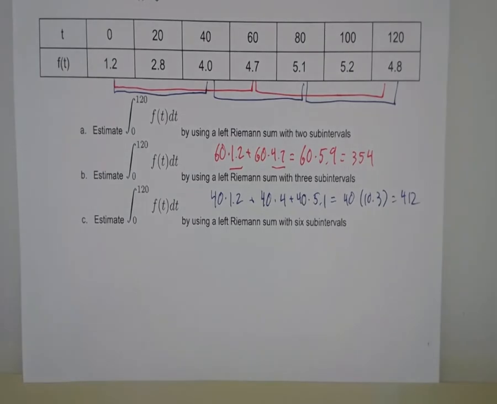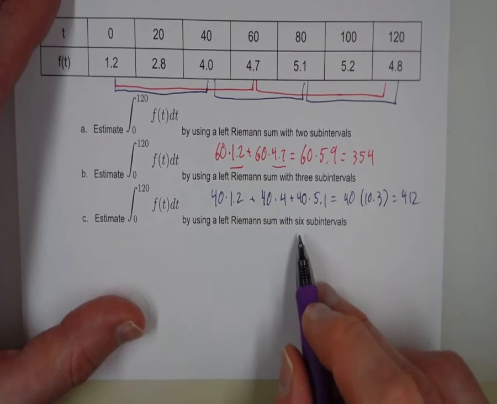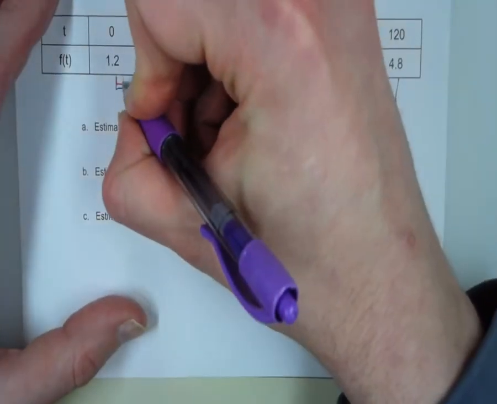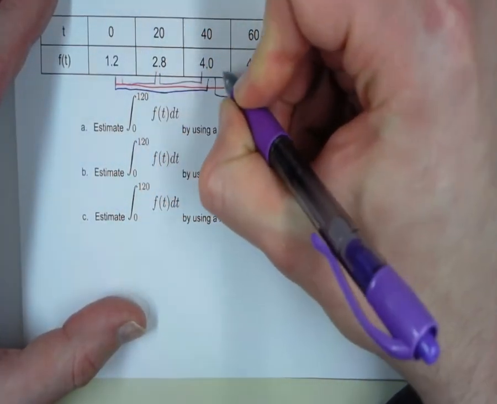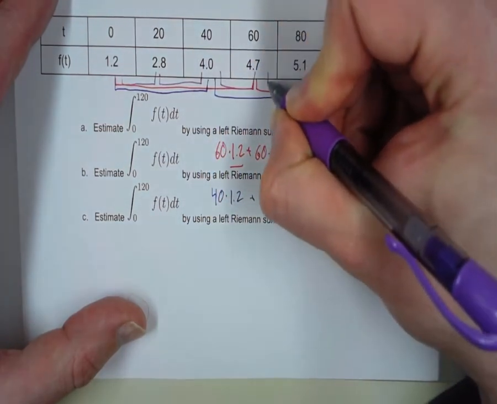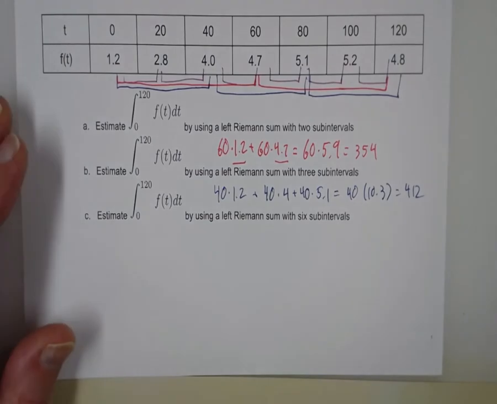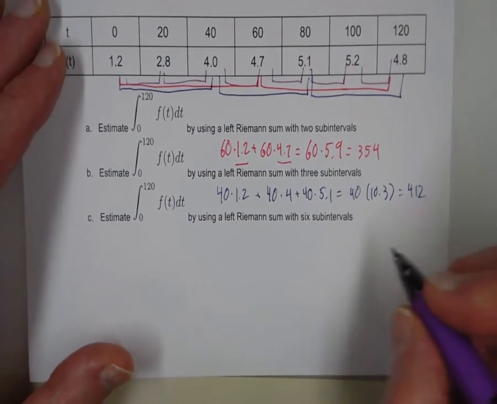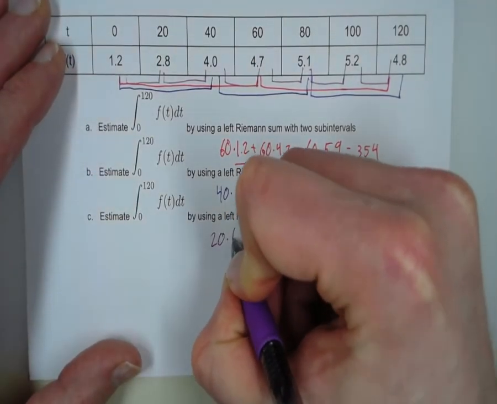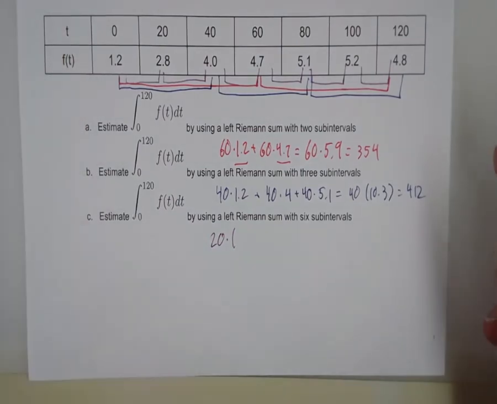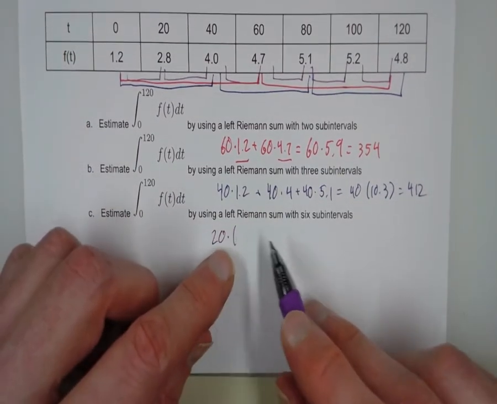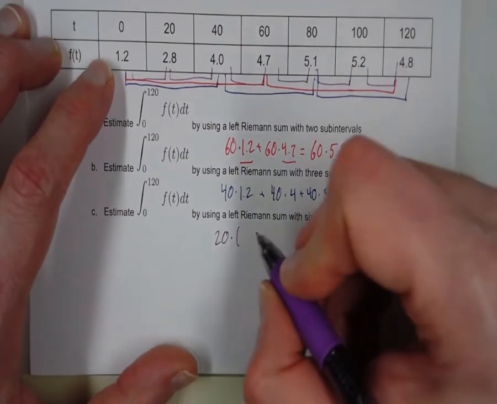And then finally, our third one is we're going to use 6 subintervals. So here we're going to go 0 to 20, 20 to 40, 40 to 60, 60 to 80, 80 to 100, 100 to 120. So each interval is going to be 20 units wide. And I'm going to save myself a little time, and I'm just going to write 20 times each of these left-hand endpoints.